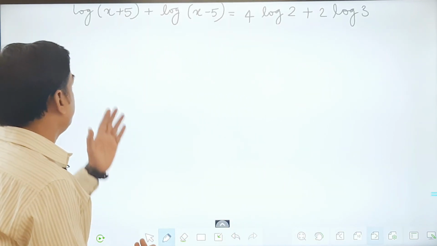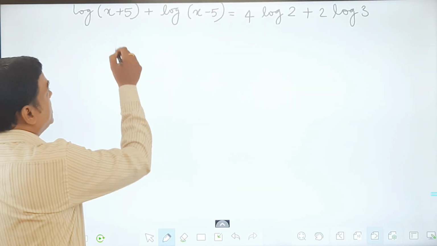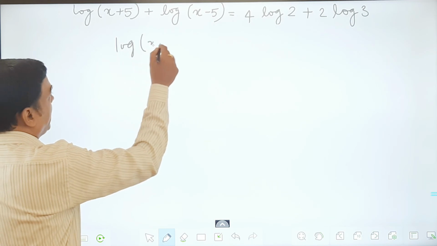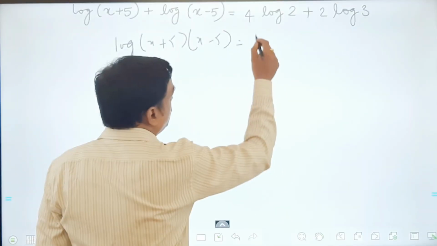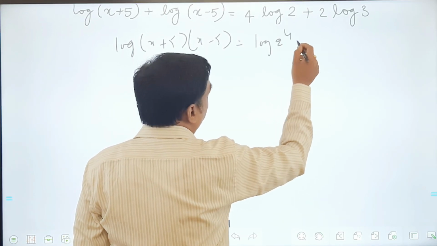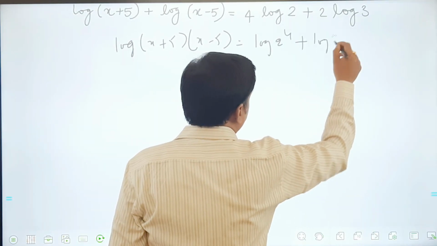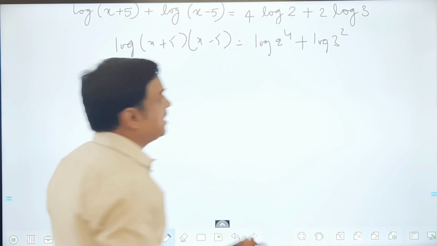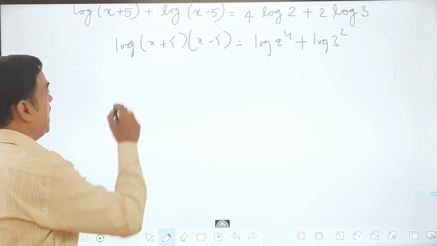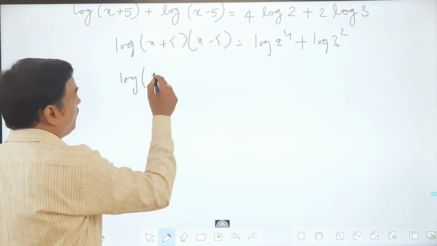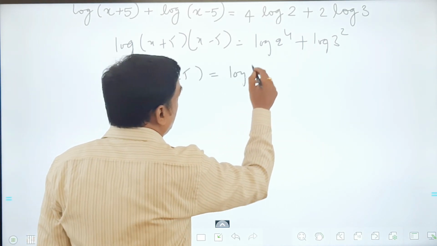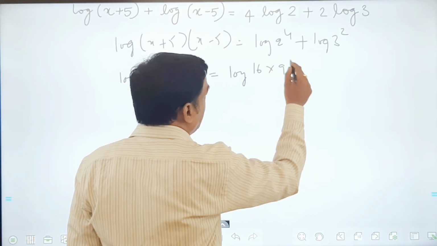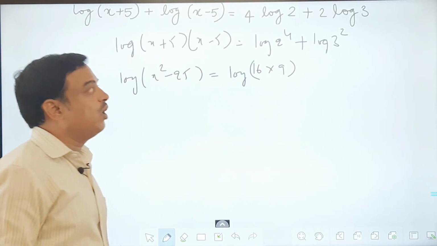Next example, this one. This can be taken as log of x plus 5 into x minus 5 is equal to log 2 to the power of 4 plus log 3 square you get. In one step, a lot of things can be possible. And this is log of x square minus 25 is equal to log of 16 into 9, and we got a single log for them.